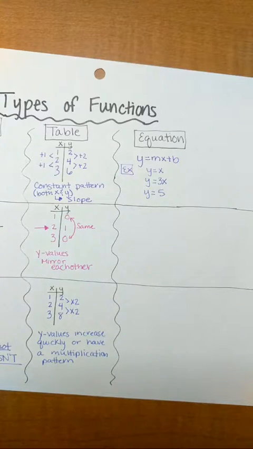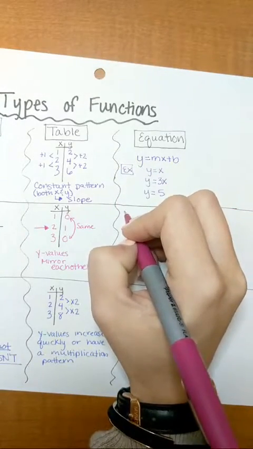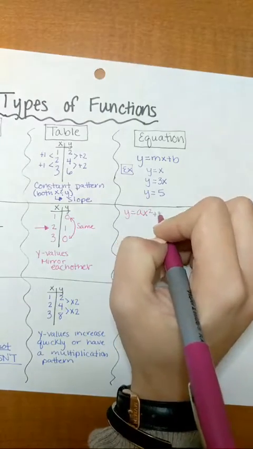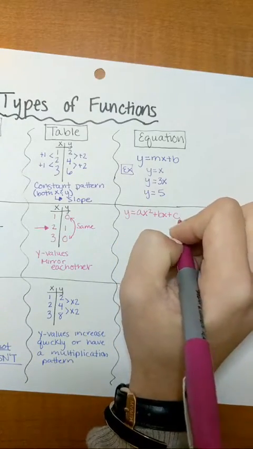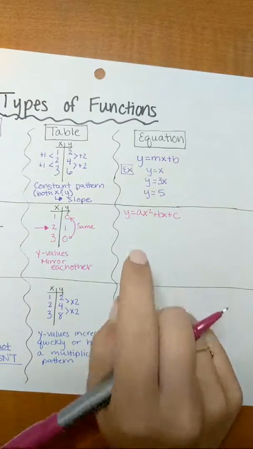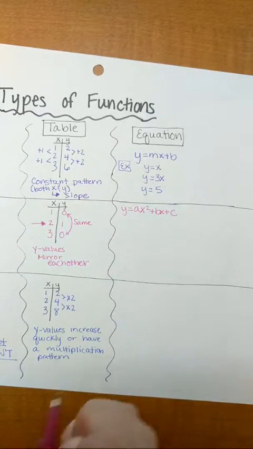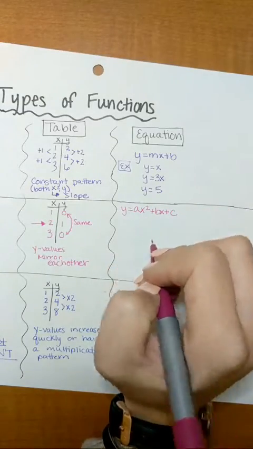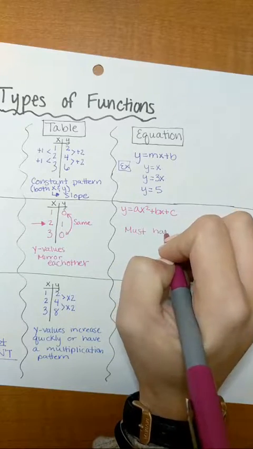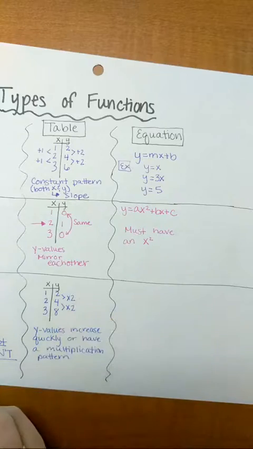So for quadratic, our equation is y equals ax squared plus bx plus c. So the big one here is that it must have an x squared.